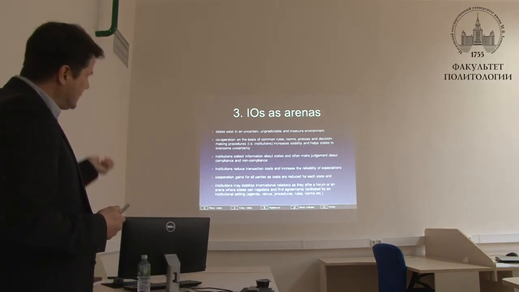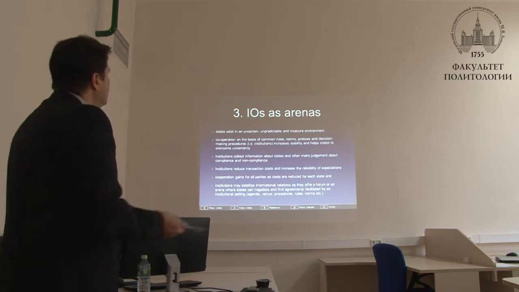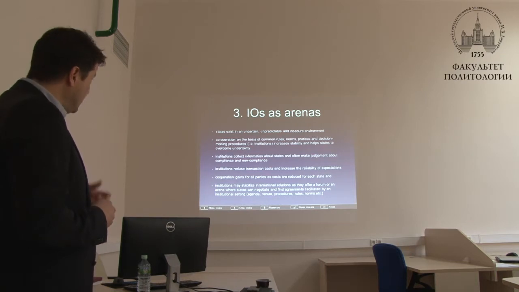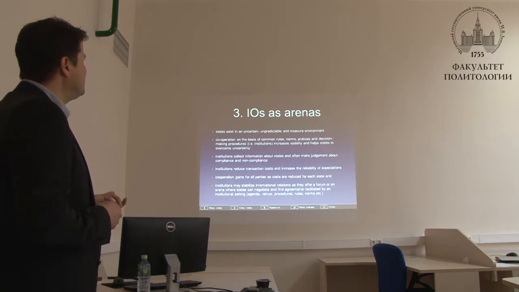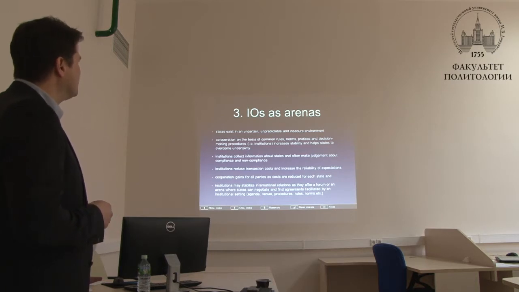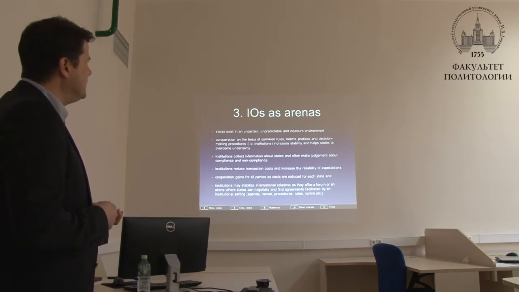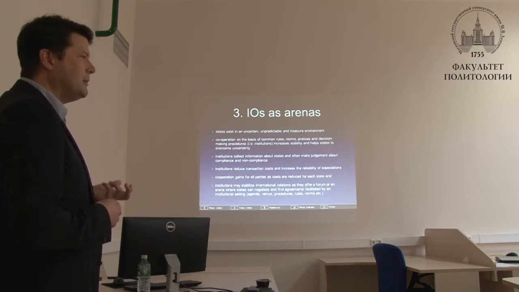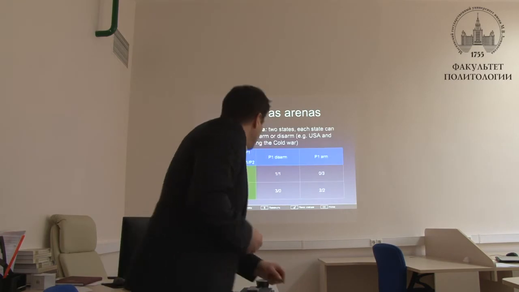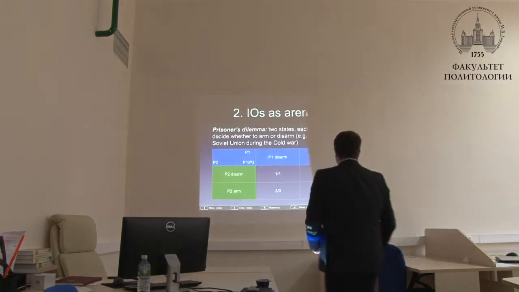If states, coming back to this understanding now, if states exist in an uncertain, unpredictable, and insecure environment, then cooperation on the basis of common rules, norms, practices, decision-making procedures, and so on, increases stability and helps states to overcome uncertainty. This is exactly the uncertainty we were talking about earlier. This is the uncertainty here.